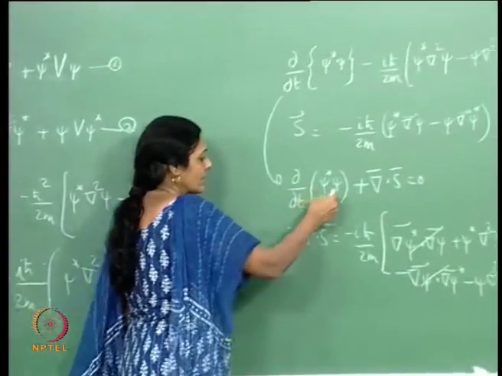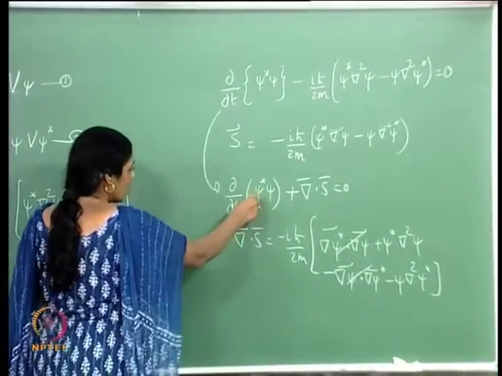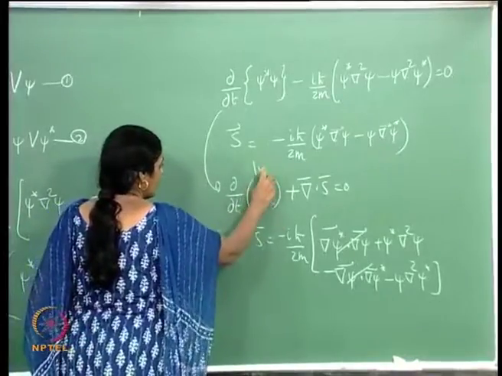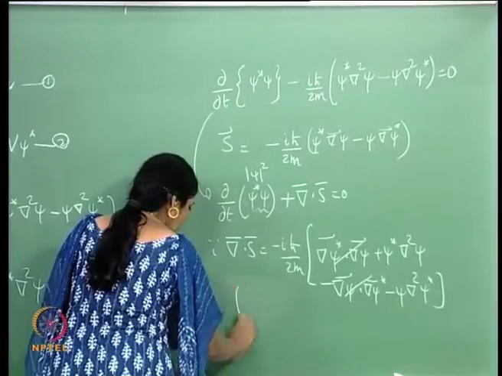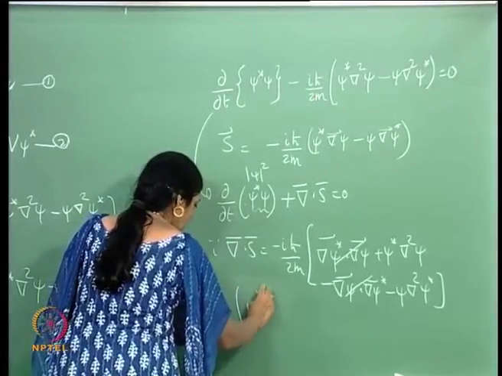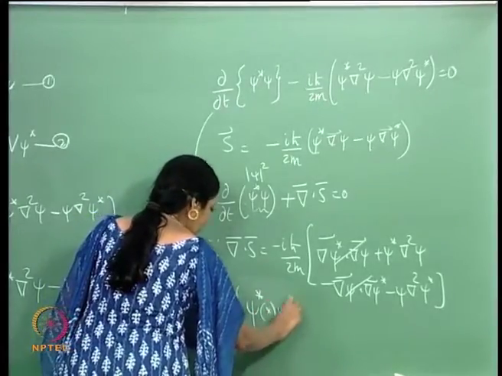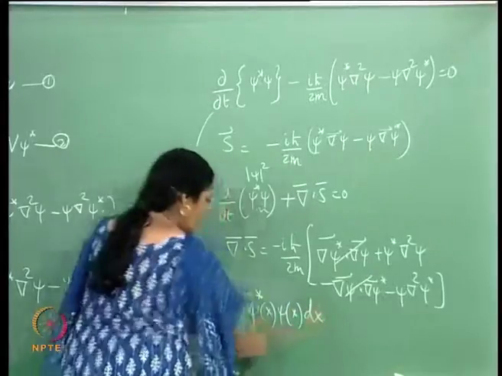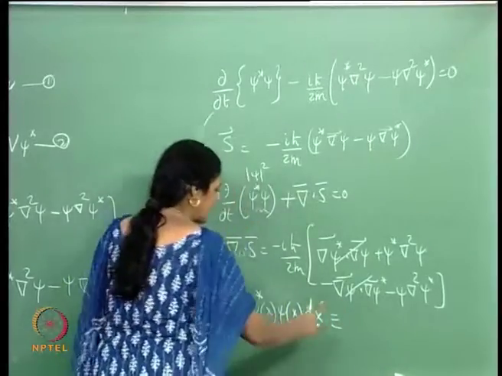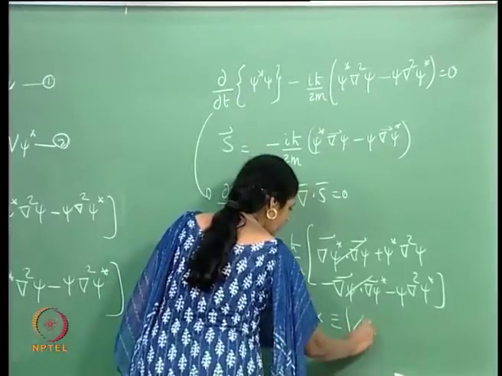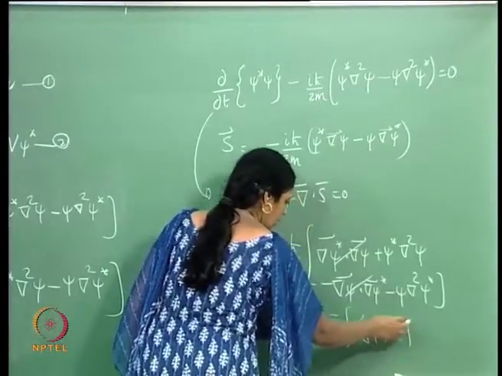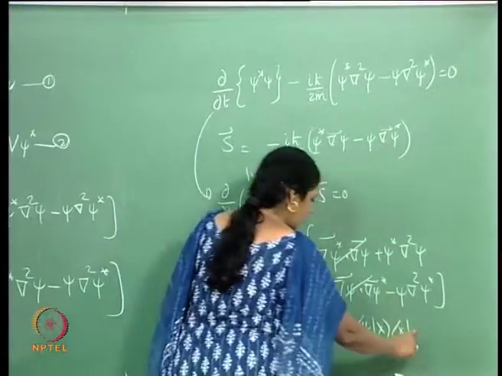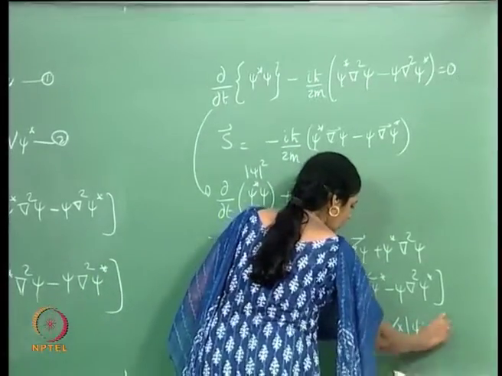This object is strictly positive. It is the modulus of psi, the whole squared. In one dimension, it is integral psi star of x psi of x dx. In Dirac notation, that is identical to integral bra psi, a complete set of states ket x bra x. That integral gives me identity, ket psi dx.